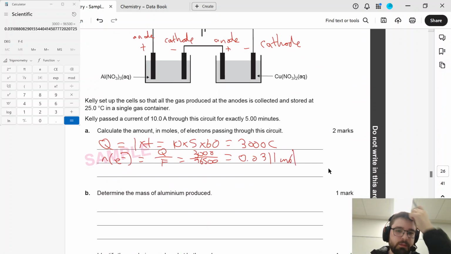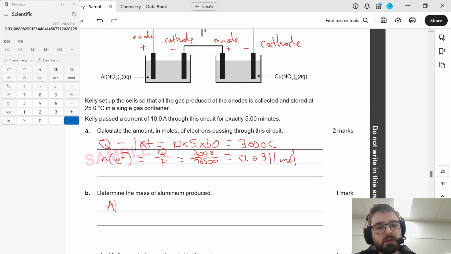Determine the mass of aluminium produced. Aluminium would have a half equation that looks like this because aluminium is 3 plus.